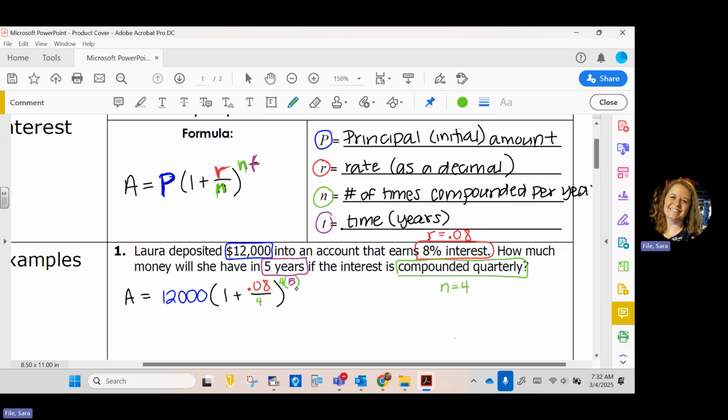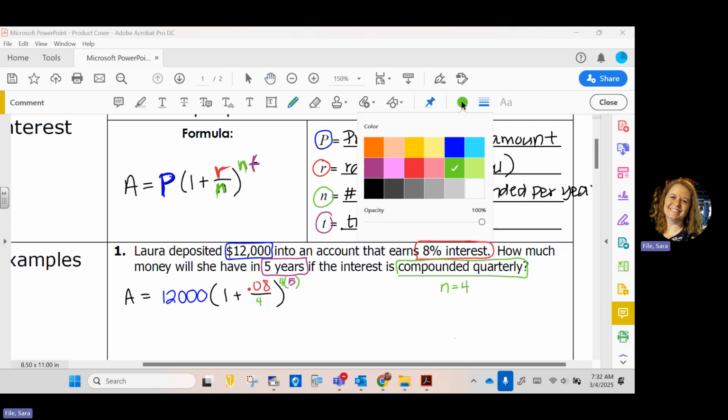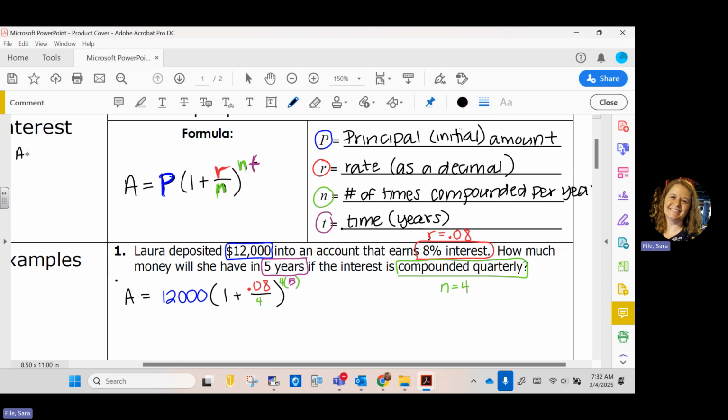I'm multiplying that N and T up there in the exponent. So 4 times 5. We didn't write this up here. There was not a space for it, but the A, the reason we used A, that is the annuitized amount, which is financial word for saying the amount calculated after the interest.